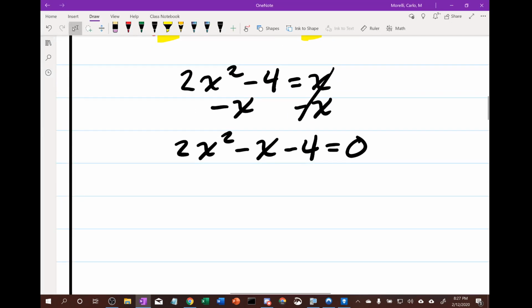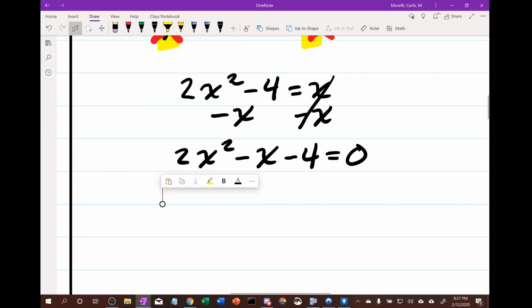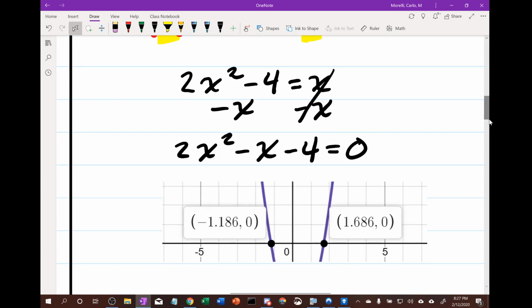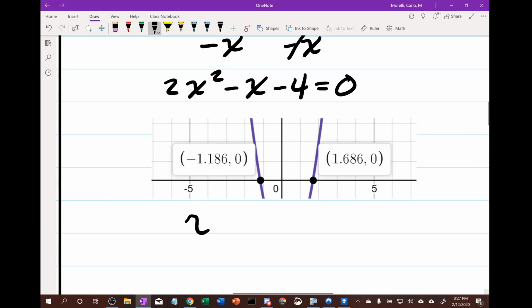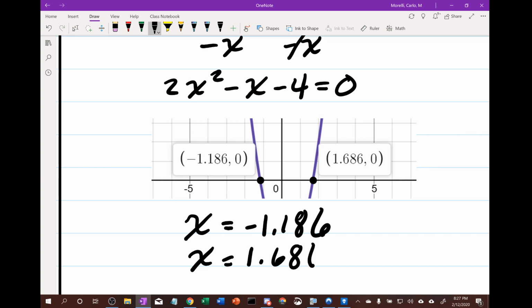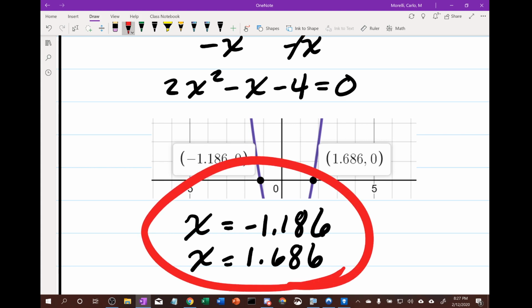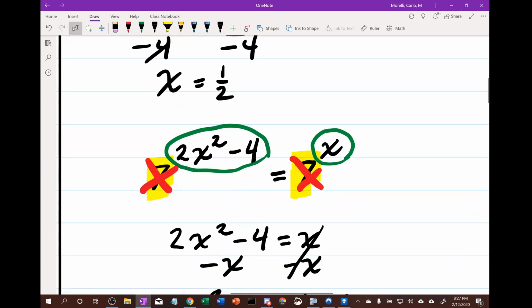So we would just paste this in here: x equals -1.186 and x equals 1.686. And this would actually be the answer if you were given this problem.